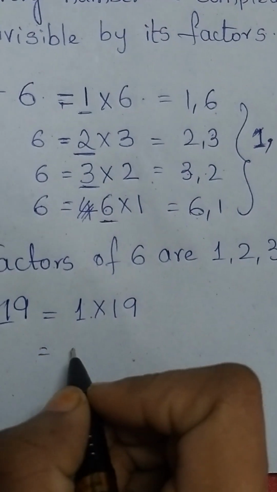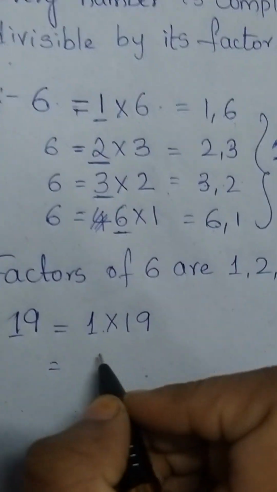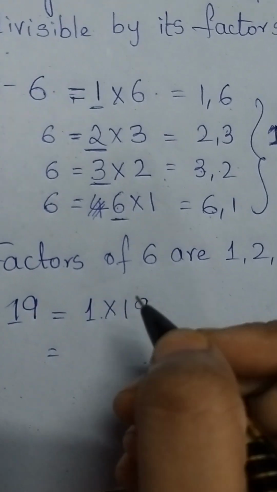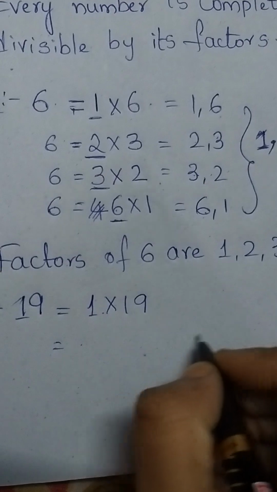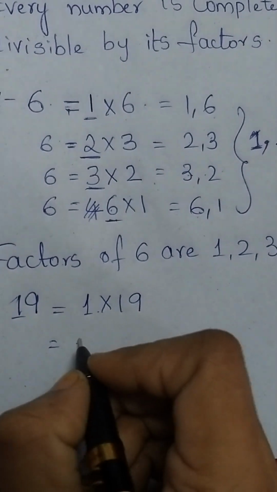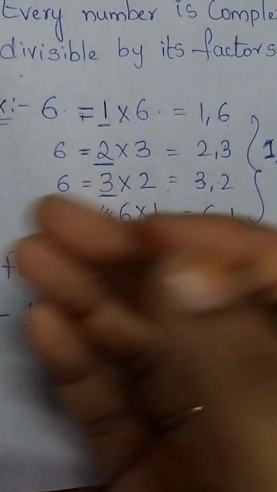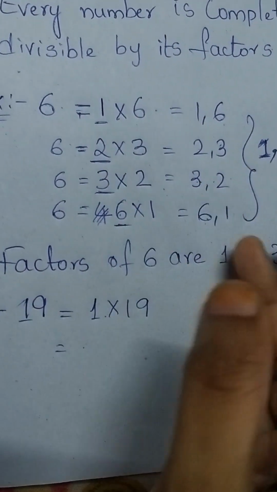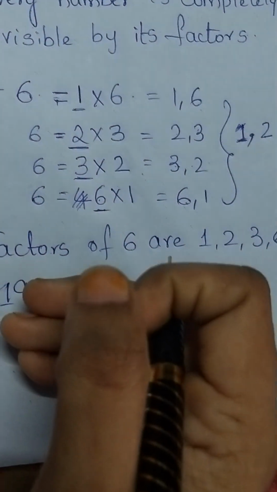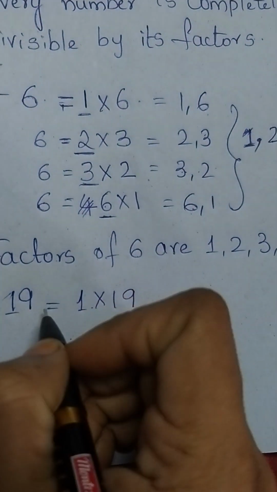Next, does 2 divide 19? No. Does 3 divide? No. Does 4 divide? No. Like this you have to check up to 19. Even in 18 it is not coming. In which table is 19 coming? There is no table with 19. No number divides 19, children.